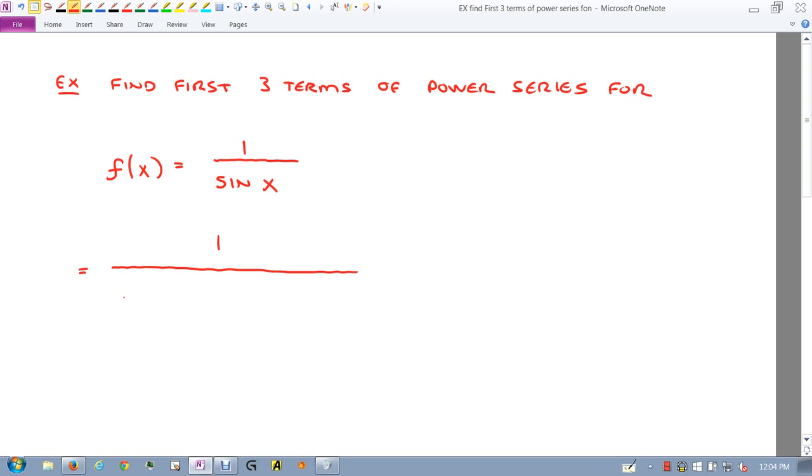So what was it? x minus 1 over 3 factorial x cubed plus 1 over 5 factorial x to the 5th minus 1 over 7 factorial x to the 7th plus dot, dot, dot. Do you agree?